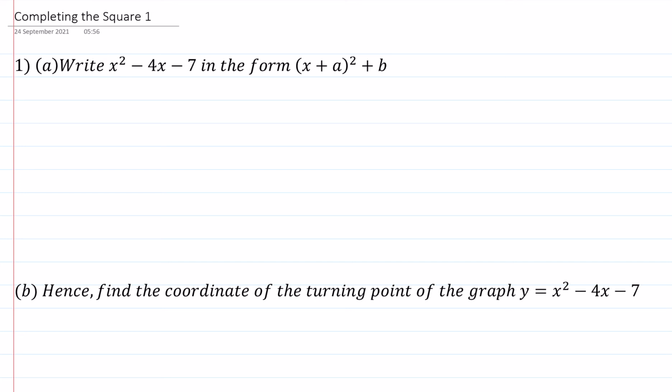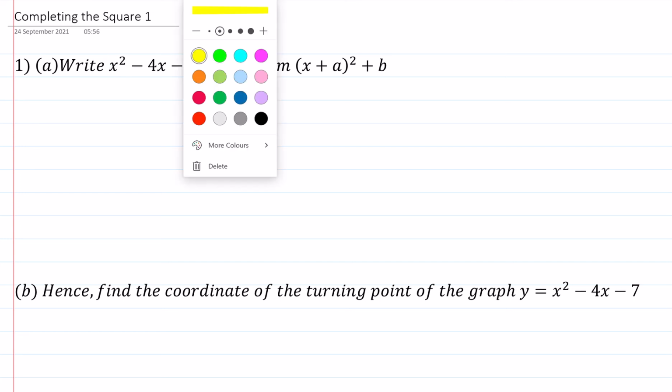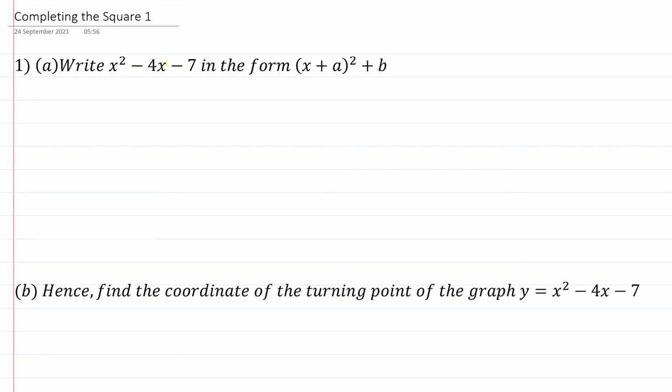The first thing to do is to look at the coefficient of x, the number next to x, and this is a -4. You're going to divide that by 2, and you're going to create a squared bracket, and it's going to be x, not x squared, inside, and then whatever the value of this is, you're going to put.